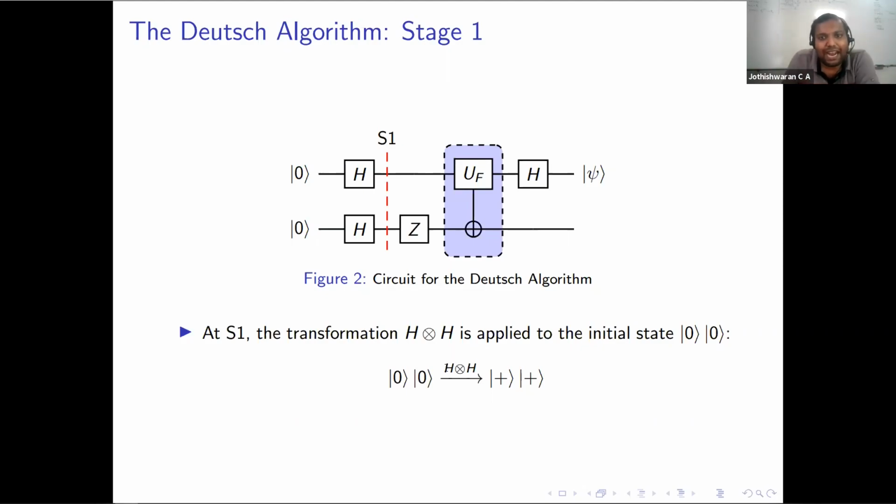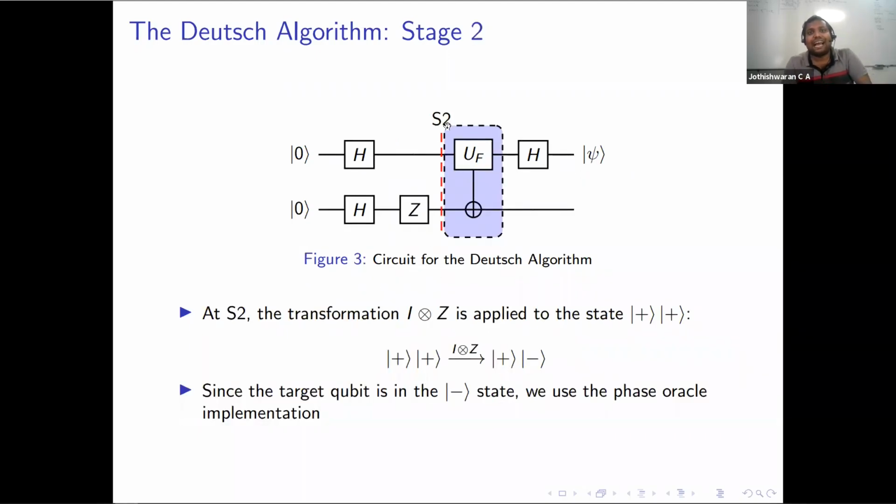So when I apply Hadamard tensor Hadamard on 0, 0, each of the individual qubits will transform to the plus state. So I will have plus and plus. I shall be writing the answers directly because we've been doing this course for around 2 weeks now, and by now the effect of these single qubit gates on the computational basis vectors should be known to all of us.